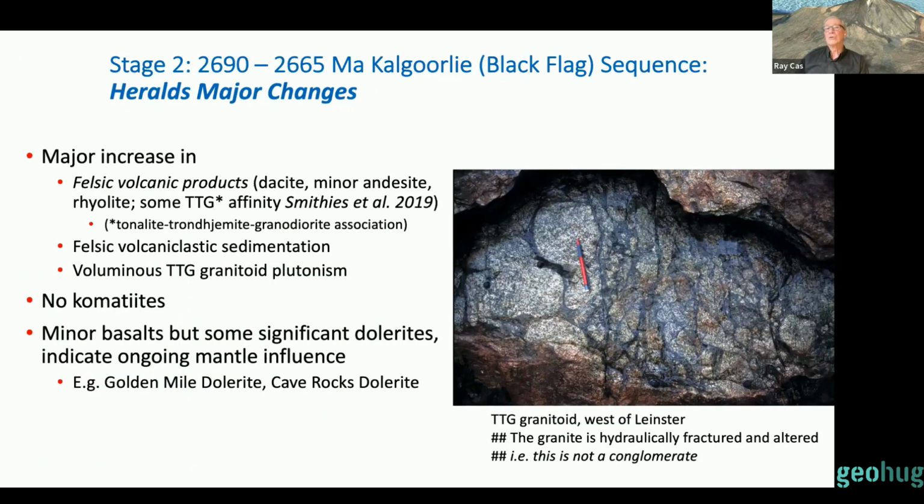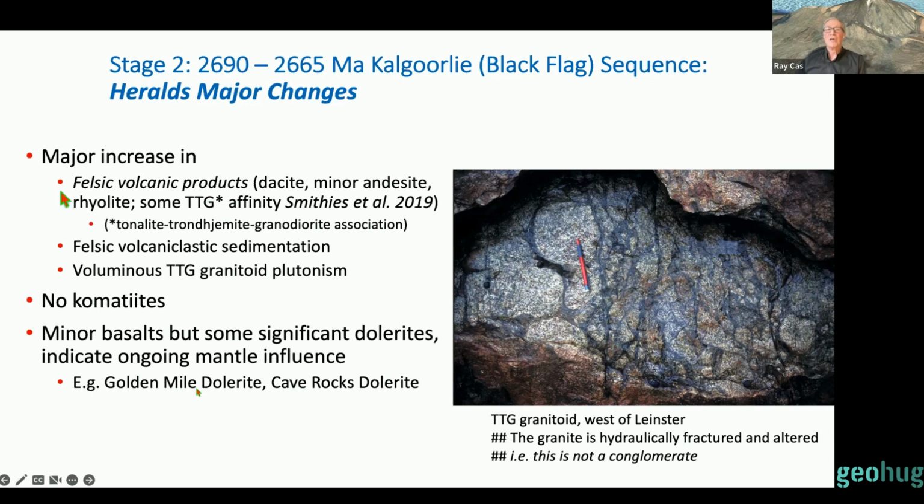So now we go to the second stage of development and evolution of the Kalgoorlie Terrane, represented by the Kalgoorlie sequence, which is also widely known as the Black Flag Group stage of development of the Kalgoorlie Terrane. And there are some significant changes to the geology and the stratigraphy in the Kalgoorlie Terrane, coinciding from about 2690 and younger.